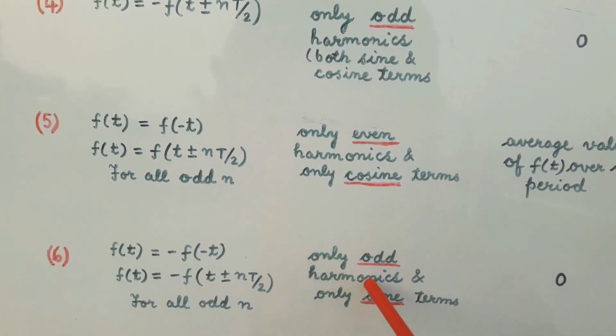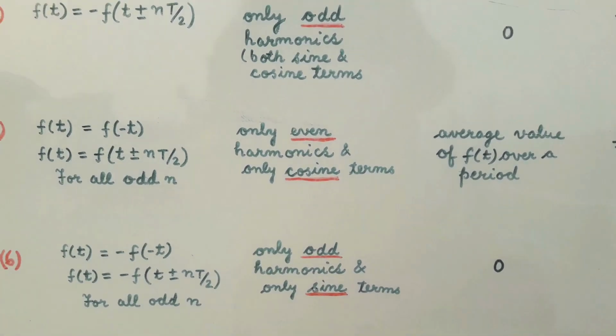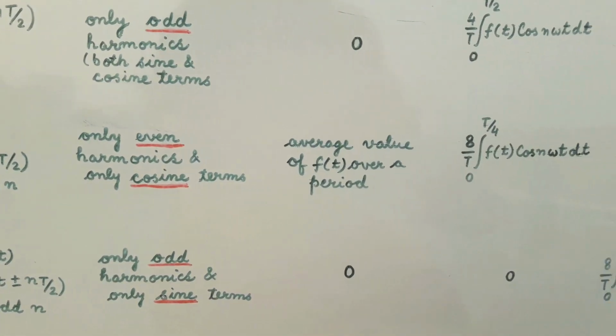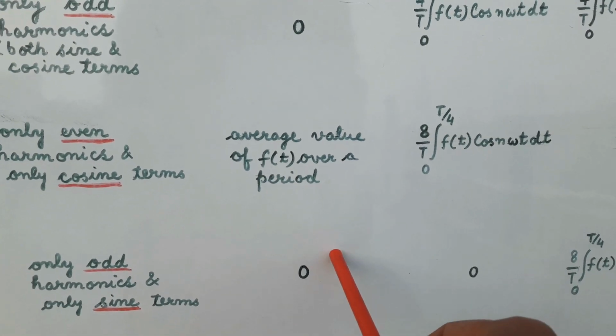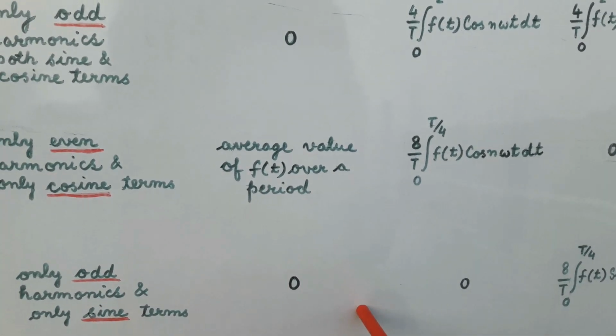This means that the value of an will be 0, the value of a0 by 2 will also be 0. So, we need not calculate the value of a0 by 2 and an in this case.